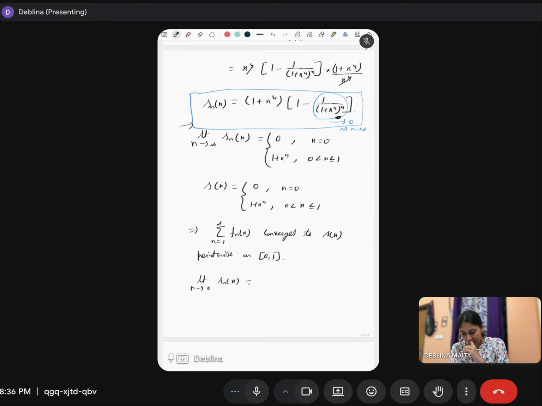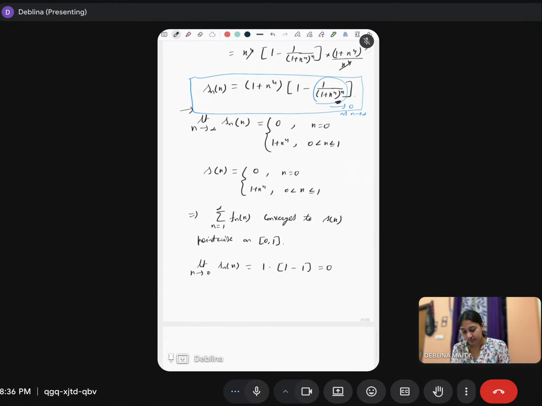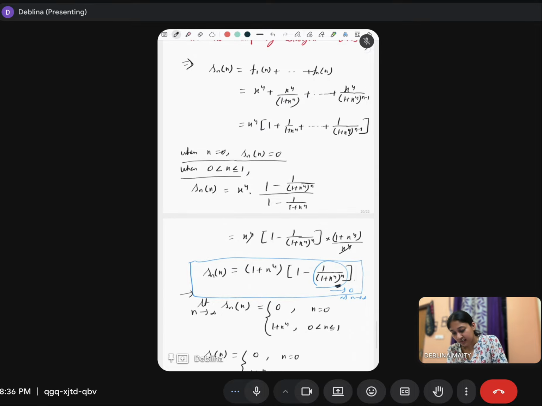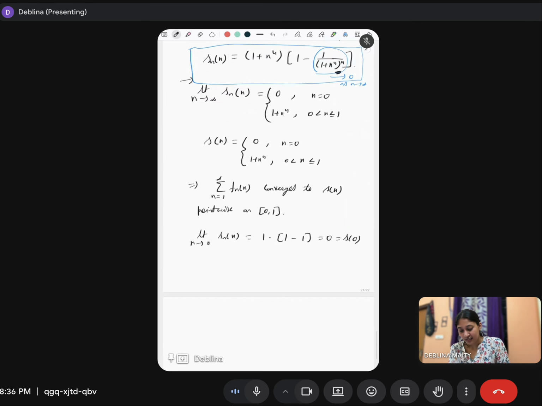If x goes to 0, then we'll get 1 into 1 minus 1, which is 0, which equals S(0). We have already seen when x is 0, S_n(0) is 0. So I have found that limit x goes to 0, S_n(x) is S(0).